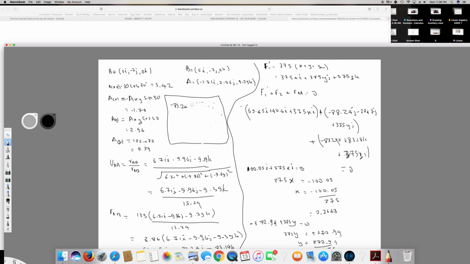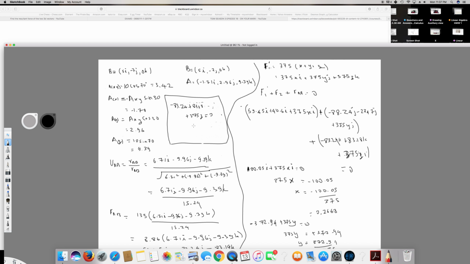83.24 plus 83.18 plus 375 Z is going to be equal to 0. So let's add 83.24 and 83.18.